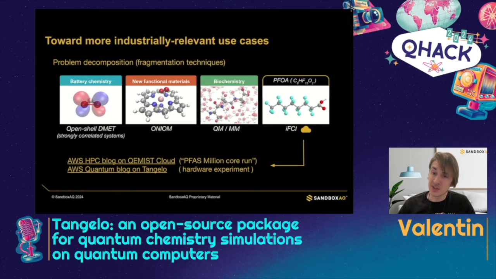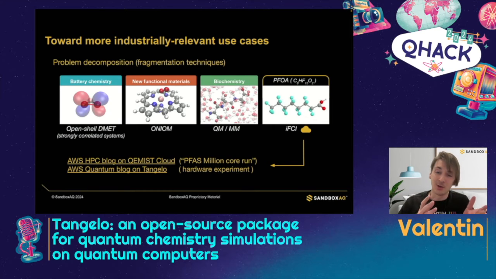This platform is called Chemist Cloud, and we implemented a method called incremental FCI, IFCI, that we scaled to run on up to 1 million cores in the cloud to tackle very hard problems that have to do with the biodegradation of what we call forever chemicals.